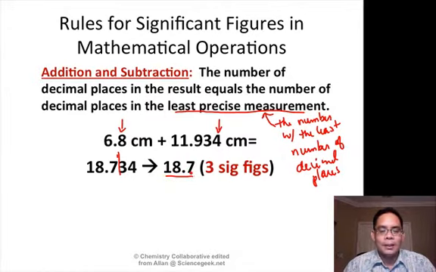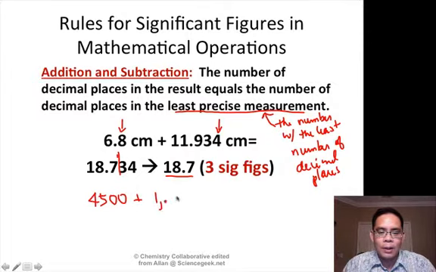The only complexity you might face is if you have a number that has whole numbers instead. So if I have 4,500 and I'm trying to add that to 1,323, the idea is that with these not having decimal places, this is only accurate to the hundreds place. This is accurate to the ones place.